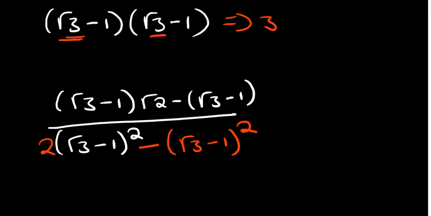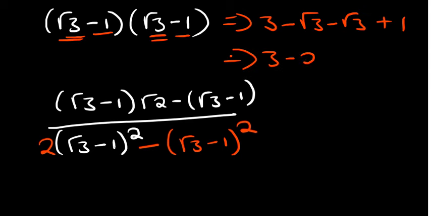Root of 3 by a minus 1 is going to be a minus root of 3. The negative 1 by that again, it's going to be minus root of 3. 1 times 1 is going to be a 1. So we have 3 minus 2 root of 3 plus a 1. Then this is going to simplify to 4 minus 2 root of 3.